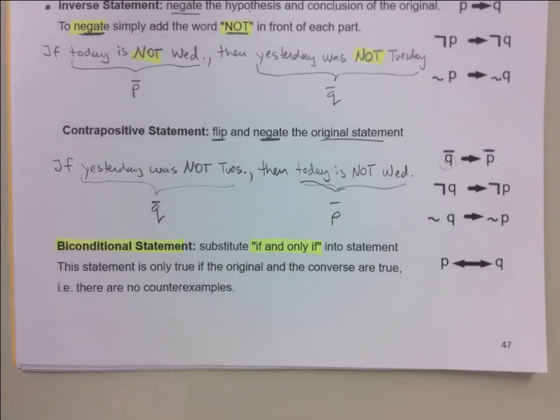And it's like, write the biconditional of this statement. You would say, grade 12 applied students are happy if and only if there's no test. You just insert the if and only if.